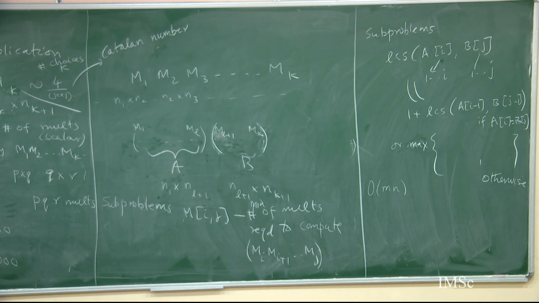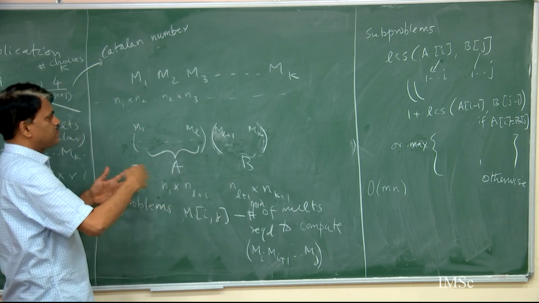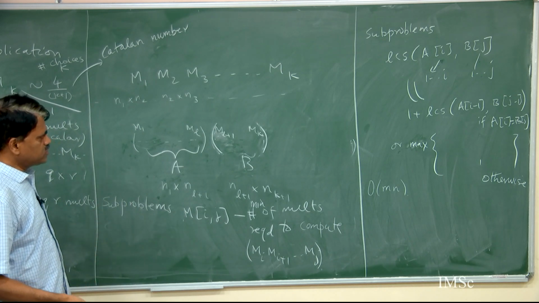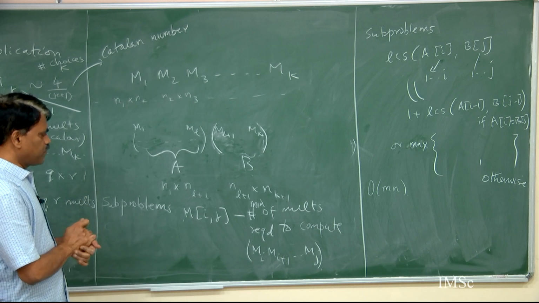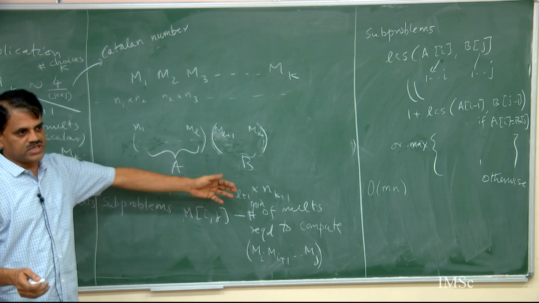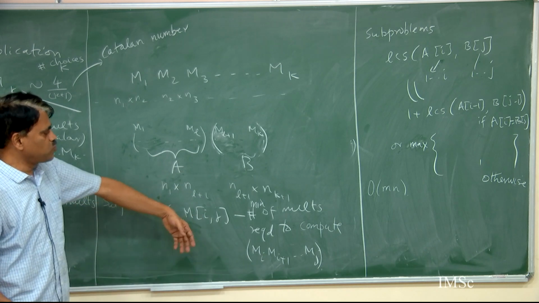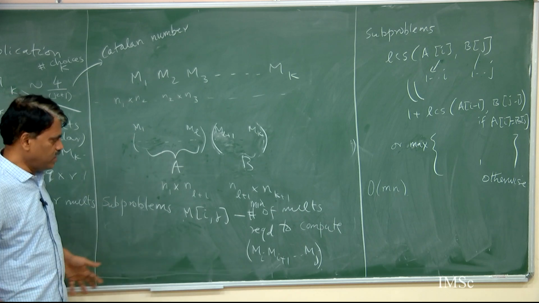So, the last choice we made determined my subproblems. What is the order in which I will compute? I have to compute this for various values of i and j. In particular, when i is 1 and j is k is my final goal, final output, and I just build it up.